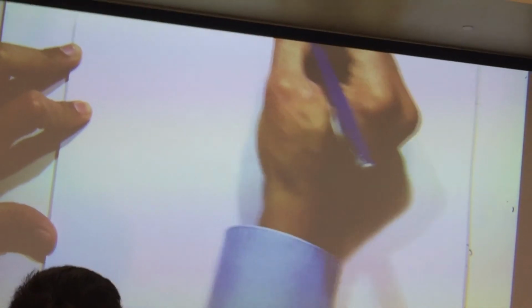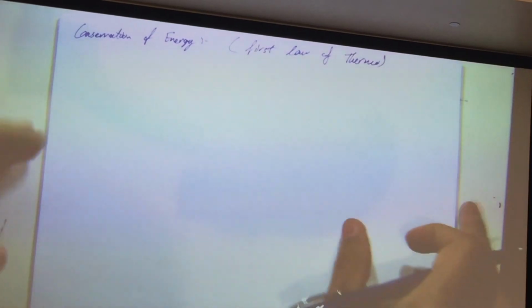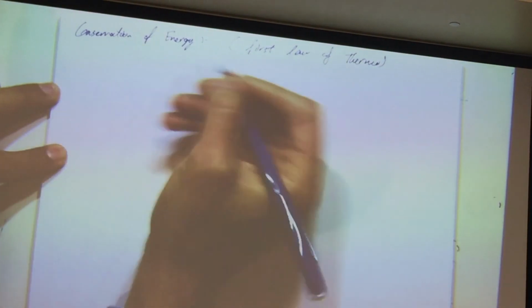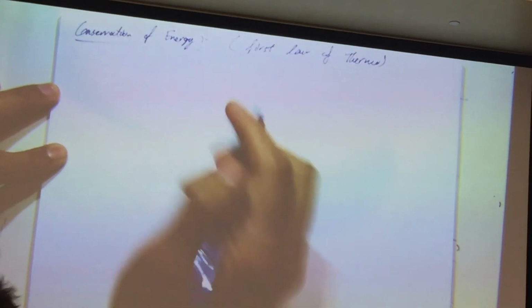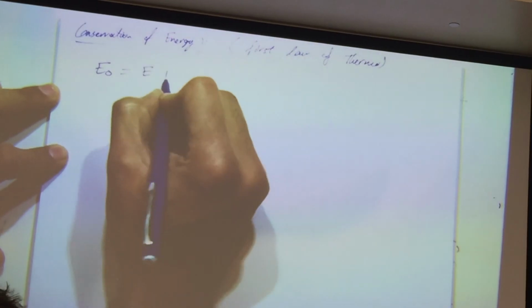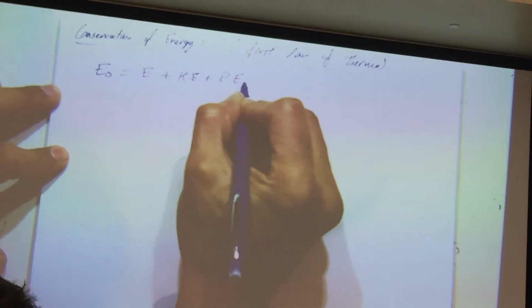We said it's the first law of thermodynamics. Okay. So conservation of energy is: total energy is equal to internal energy plus kinetic energy plus my potential energy.